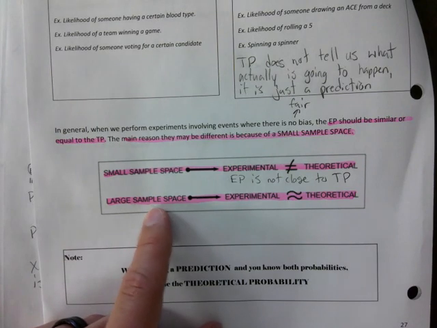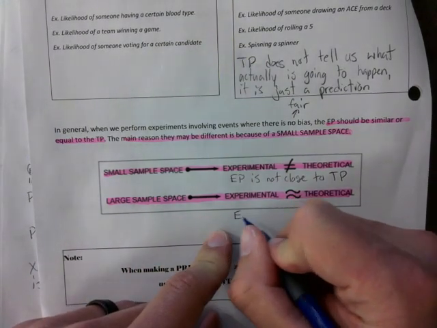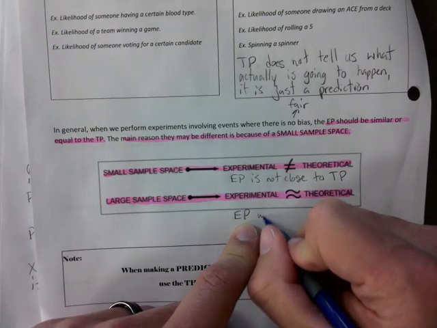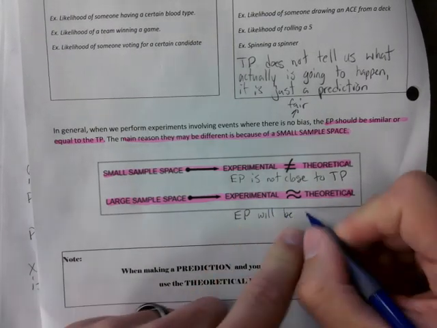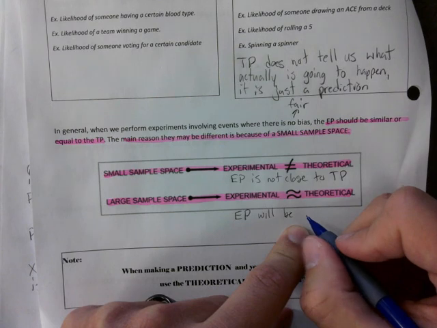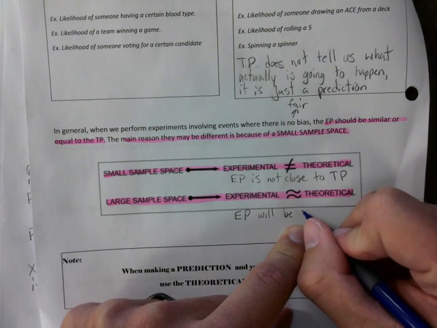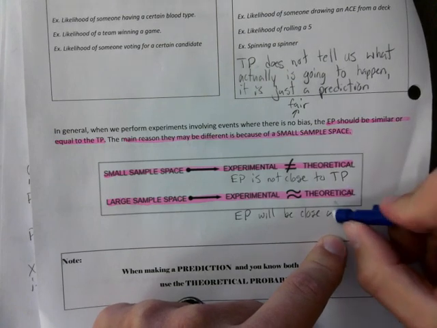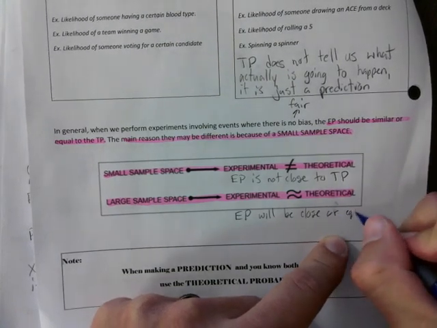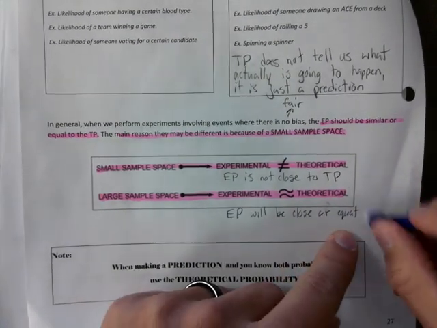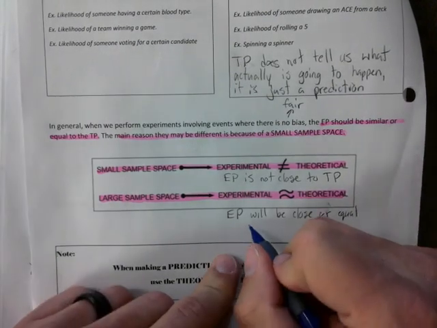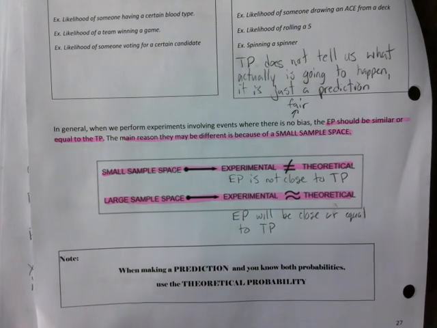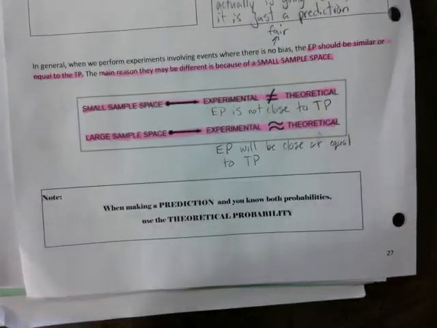But if we have a large sample space, we expect our experimental probability will be close or equal to the theoretical probability.